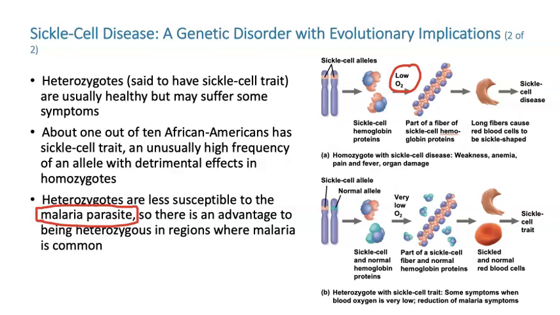It turns out there was a mutation in people who lived a long time ago in Africa, and anybody who had this mutation didn't die of malaria. Since they didn't die of malaria, they passed the successful gene on. As time went by, people started having babies that were homozygous recessive, and that's when sickle cell disease started showing up.